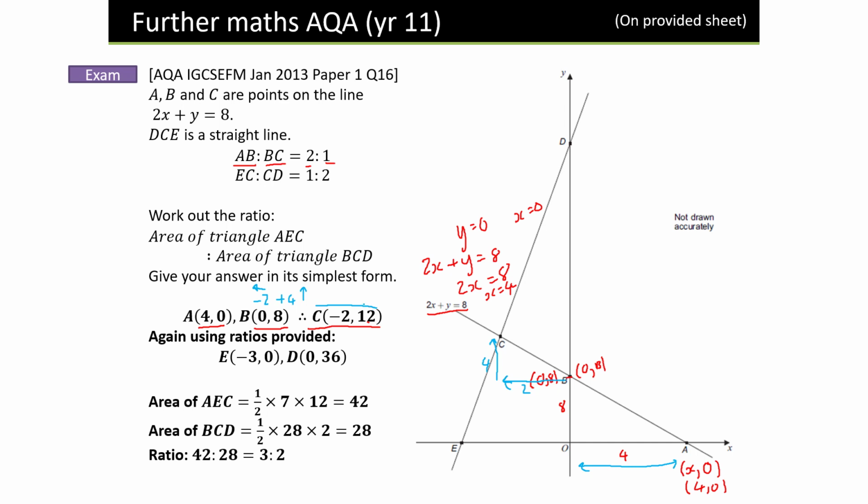So you've got EC to CD now. That ratio is 1 to 2. So if we have a look, DC is a straight line.